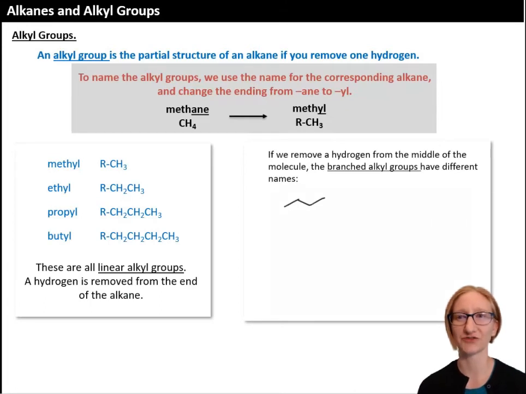So removing a hydrogen from the end of butane gives us a butyl group. But if we remove a hydrogen from 1 position in, it gives us a sec-butyl, or secondary butyl group.